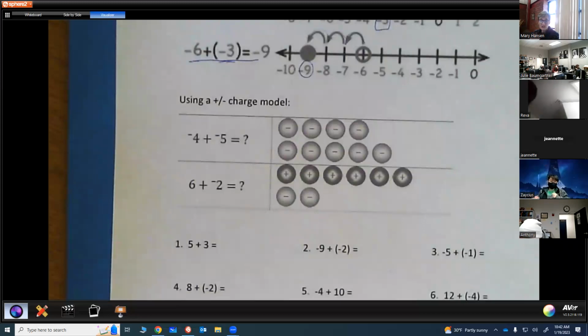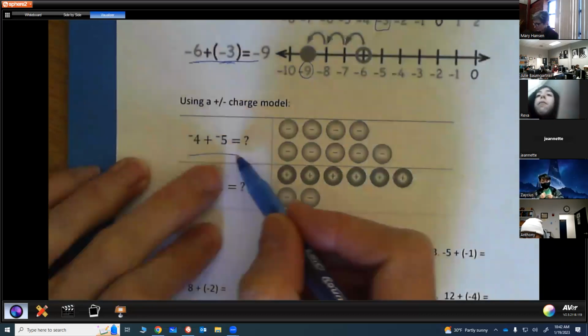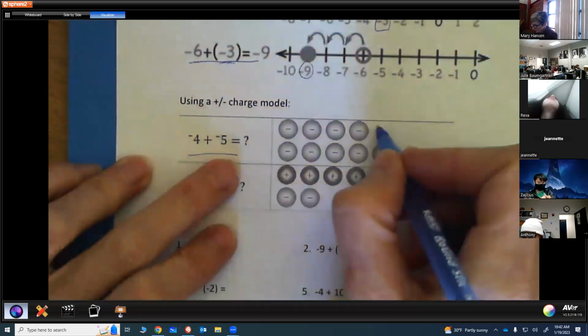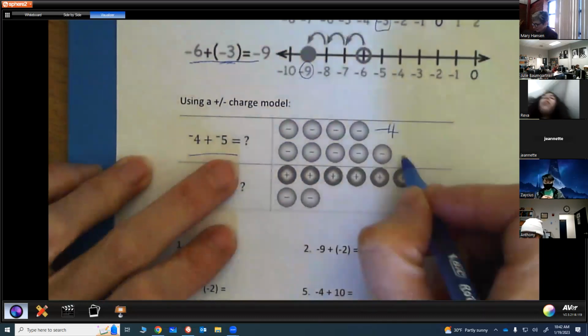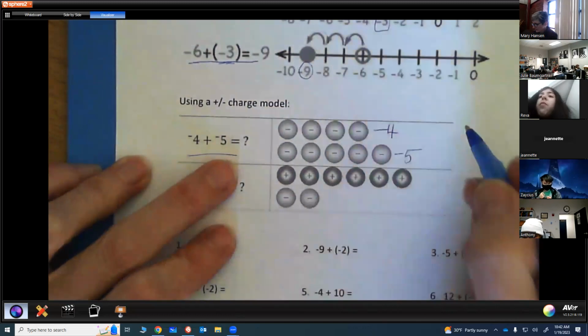They actually cancel each other out. So if we're looking at -4 plus -5, that's -4 charges plus -5 charges. And when we count the little bubbles, there are 9 negatives.